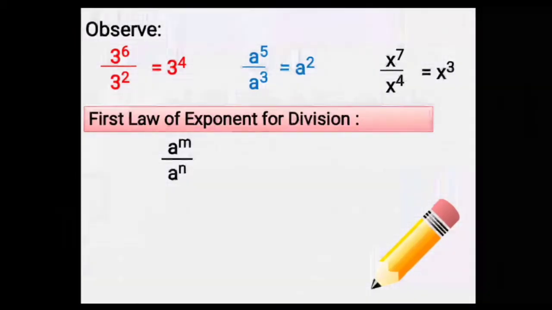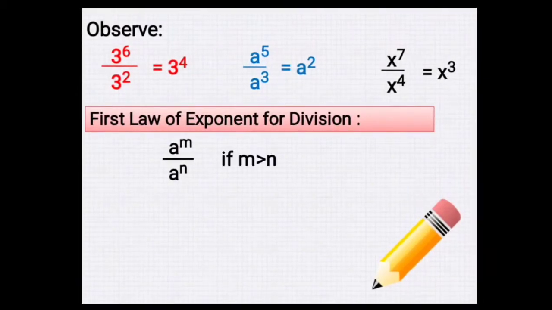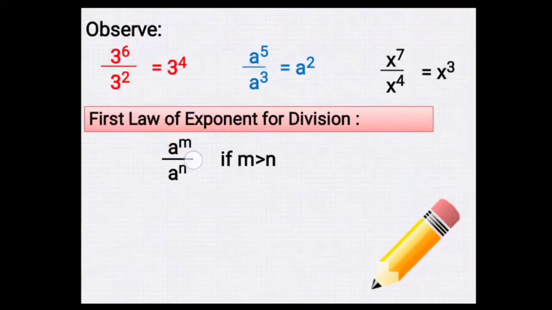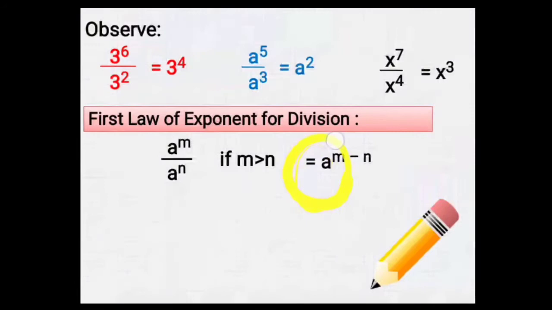It says that a to the m power divided by a to the n power, if m is greater than n, or if the exponent of the numerator is greater than the exponent of the denominator, which is n, you have to subtract them. So our answer is a whole number.